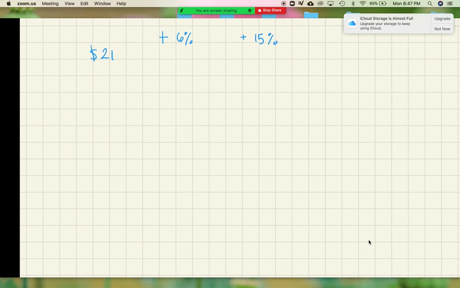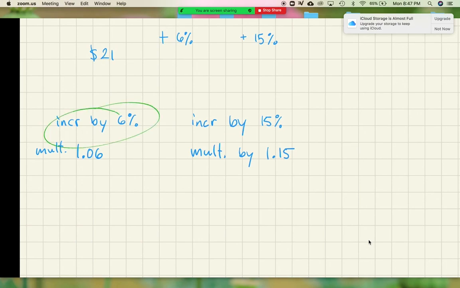The way that we're doing this is the same wording: increase by 6% means you're going to multiply by 1.06, and an increase by 15% means you're going to multiply by 1.15. Another way to say increase by 6% is just to say 6% more. Those mean exactly the same thing.